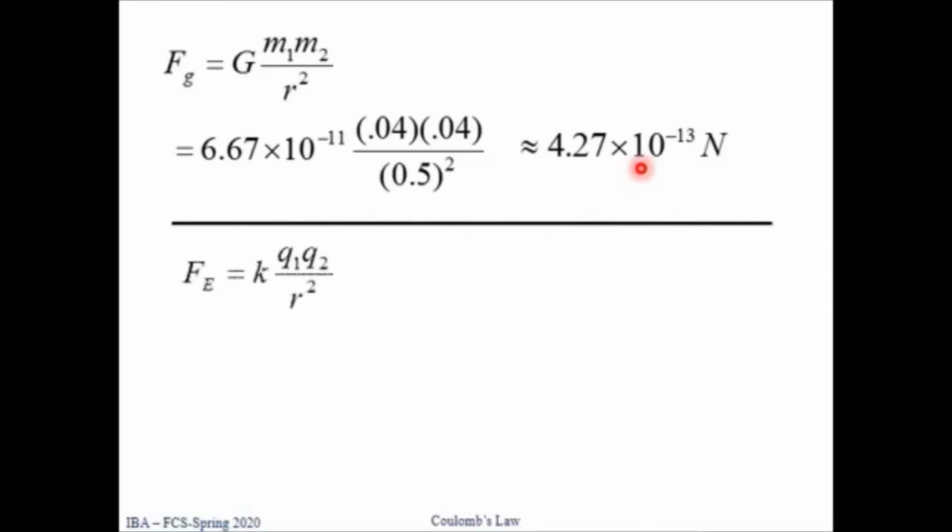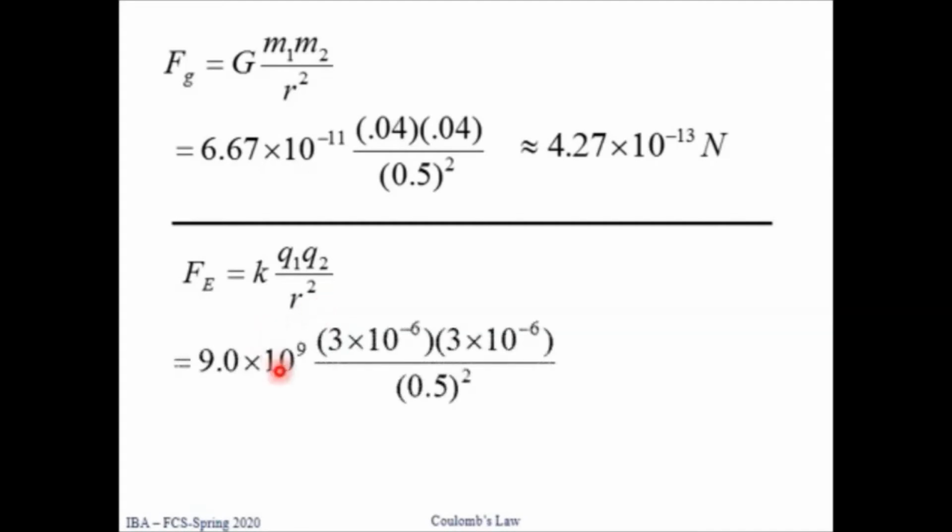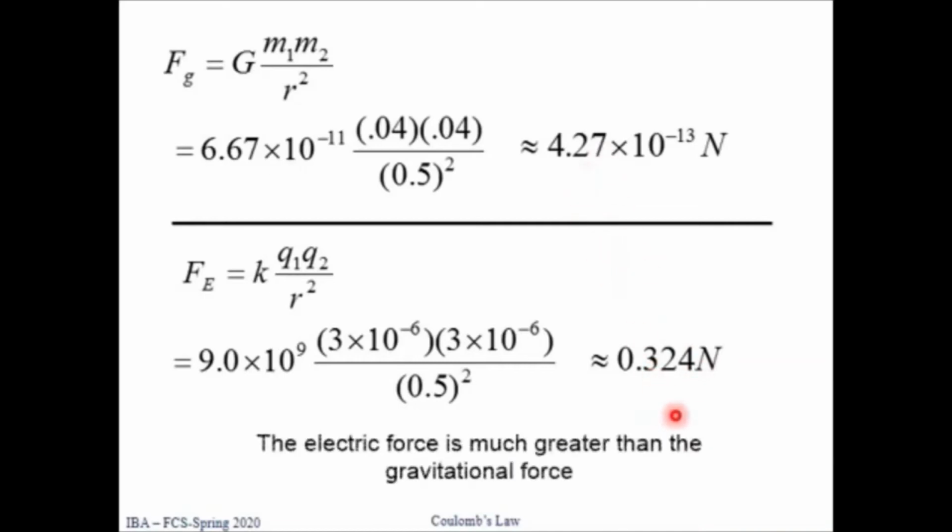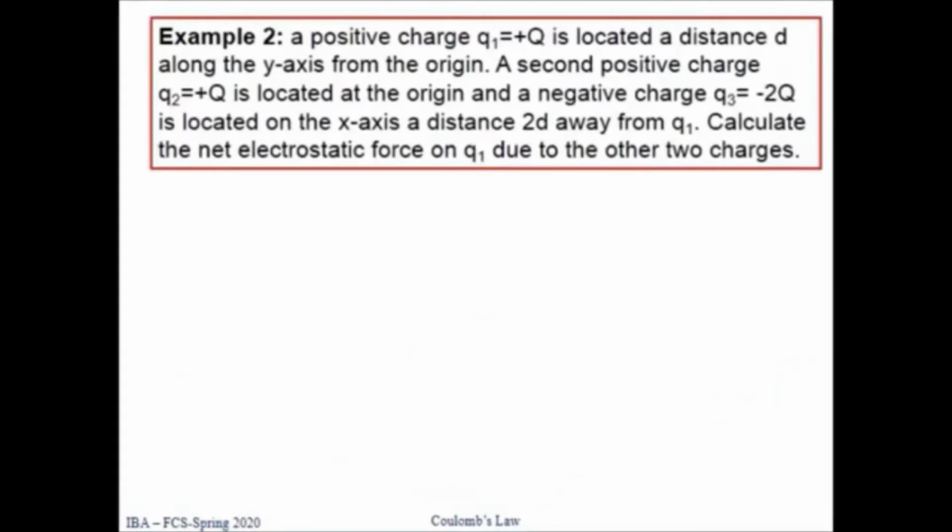And if we find the electrostatic force between two charges separated by 50 centimeters, then after incorporating the numbers you will get 0.324 Newton. So if you compare both numbers, you will find that the electric force is much greater than the gravitational force.